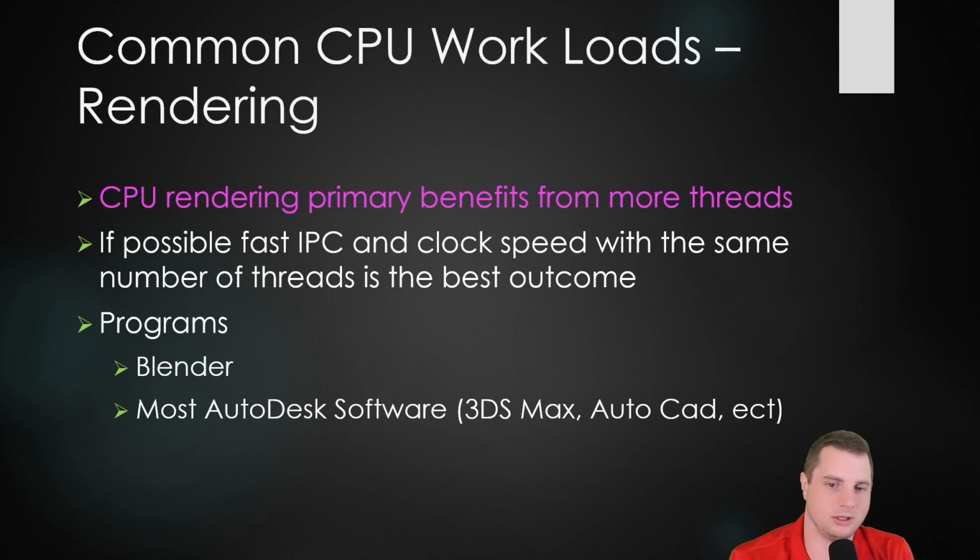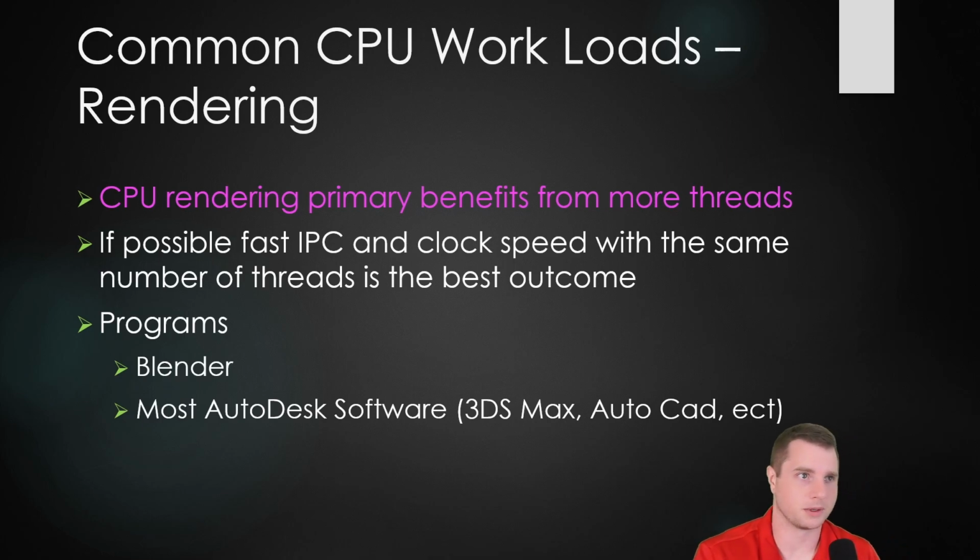Each logical chunk can be processed by a core or a thread, and each thread works on that logical chunk, and whenever it's done it can move on. It's a very efficient way of handling resources on the computer. More threads is better in that scenario. Other software, something like Adobe Premiere, is a little bit complicated, but in general, more threads is better. There's a threshold where the software itself won't use the threads.